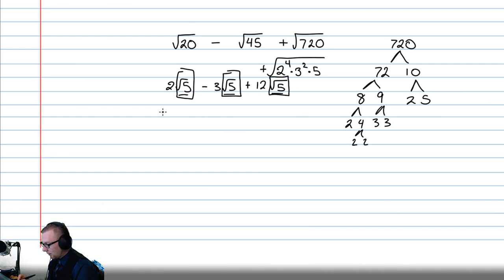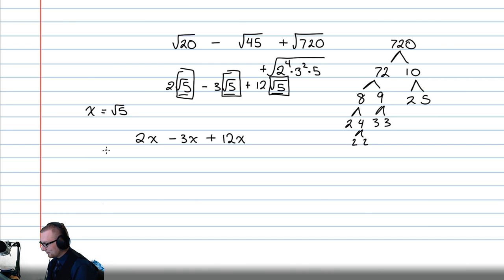So you could actually, if you wanted to, as an arbitrary letter, say x equals root 5. Okay? So now I'm just going to rewrite this as 2x minus 3x plus 12x. Now, add them together. X cubed? No. So 3x? 2 minus 3... Oh!